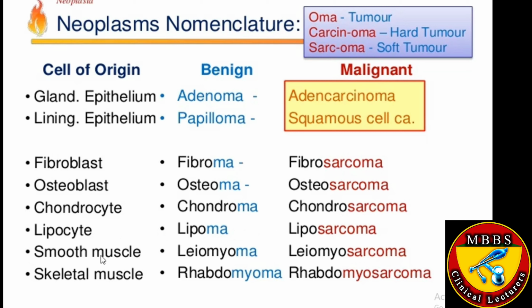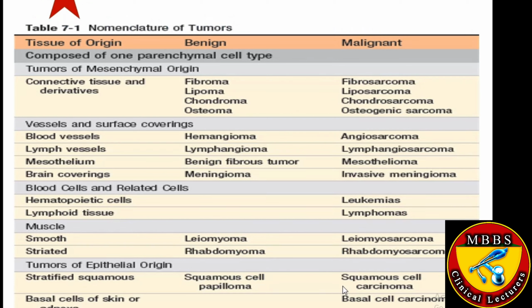Smooth muscle cell, benign tumor leiomyoma, malignant leiomyosarcoma. Skeletal muscle, rhabdomyoma, and the malignant counterpart is rhabdomyosarcoma. I marked this table with a star. Why? It is the most important table that you have to learn from this chapter.